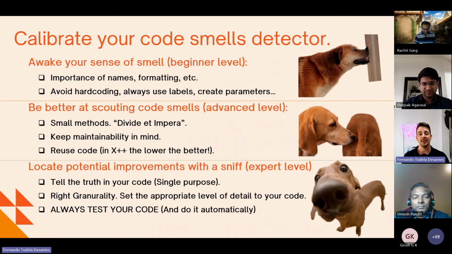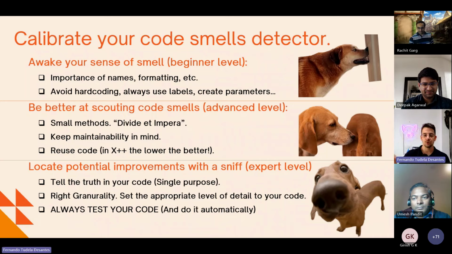So at this level, you will also detect a method that is saying, I am validating something, and behind the scenes it's also doing other stuff. That's not a good method, because it's not following the single purpose, or as I like to call it, it's a liar, because it's telling you, I am validating. No, you are not only validating, you are doing more things.